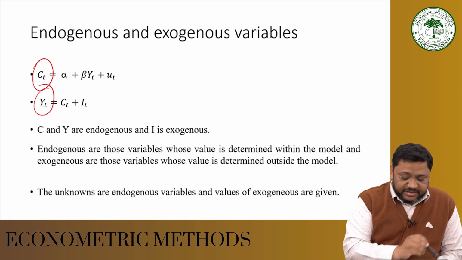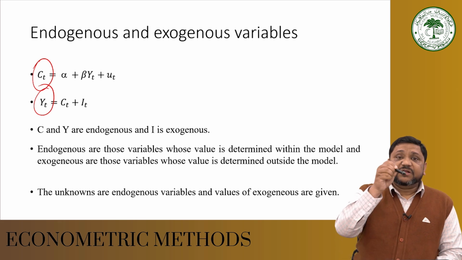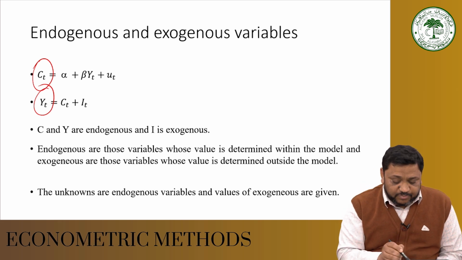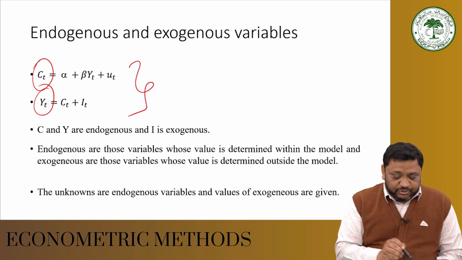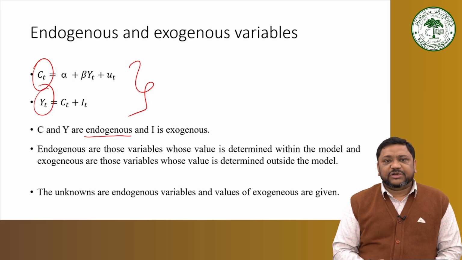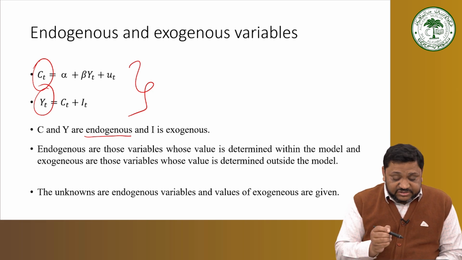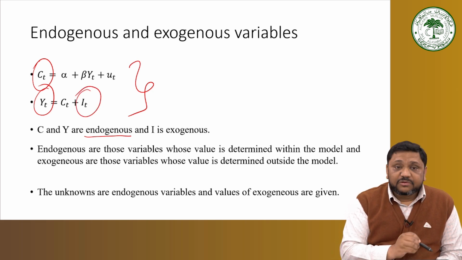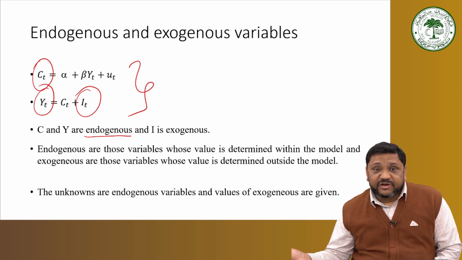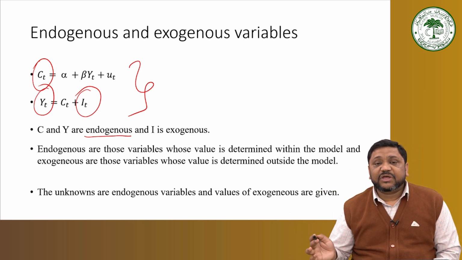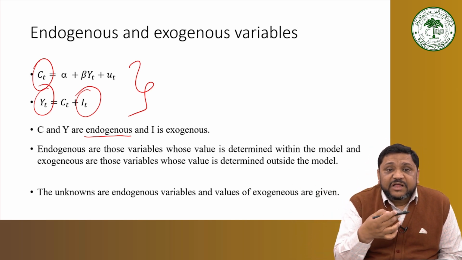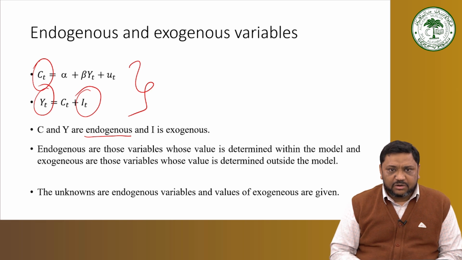C_t and Y_t are being determined after solving this system of equations. That is why we call them endogenous. And something like I_t is being given from outside. We are not deciding what I_t will be in the model.